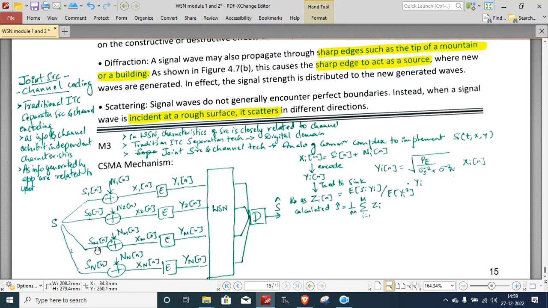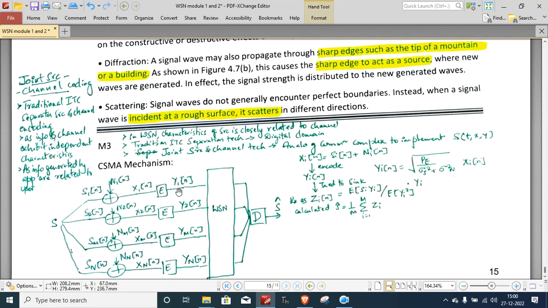We'll think of this subset from 1 to m as the set of sensor nodes that are actually identifying a physical phenomenon. When these physical phenomena are sensed by the sensor in a noisy environment, noise gets added to this, and this results in observed phenomena x1 of n, x2 of n till xm of n, and in turn this will be encoded.